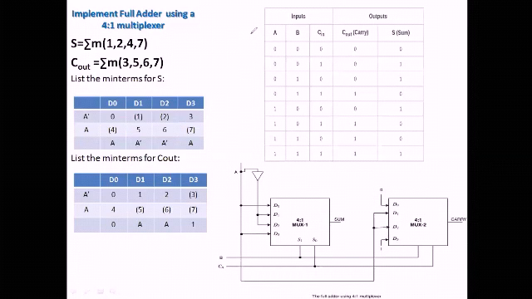The outputs are borrow and difference. So you have to find the min terms of borrow and difference, and then list the min terms for borrow and difference, and after that you have to draw the logic circuit in the case of the full subtractor circuit.